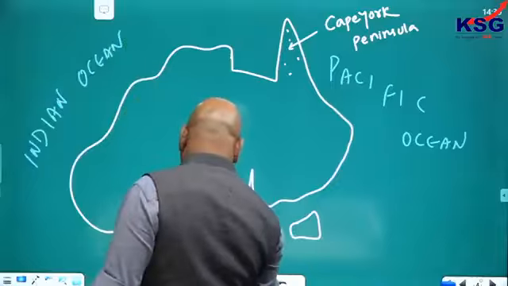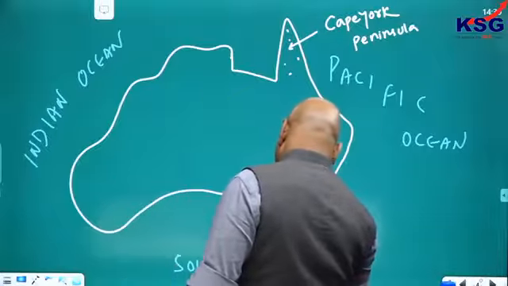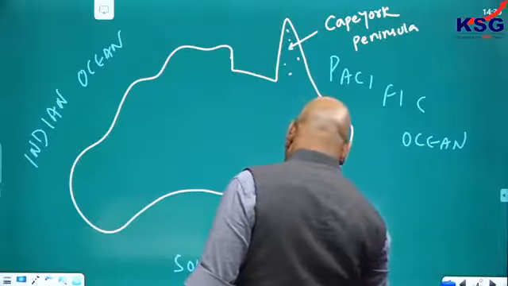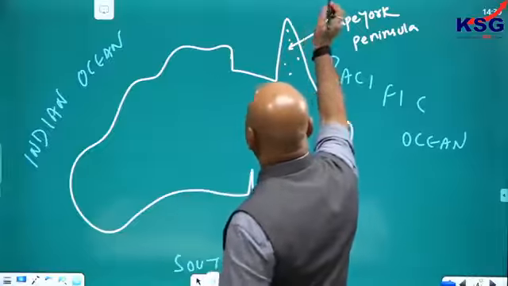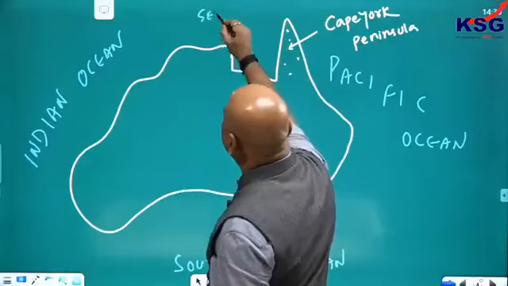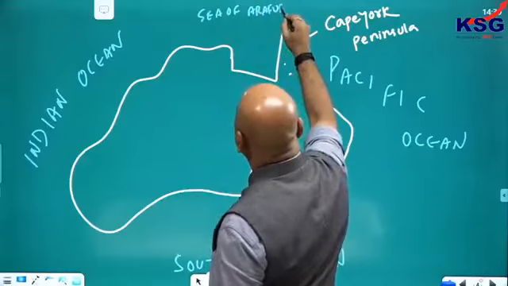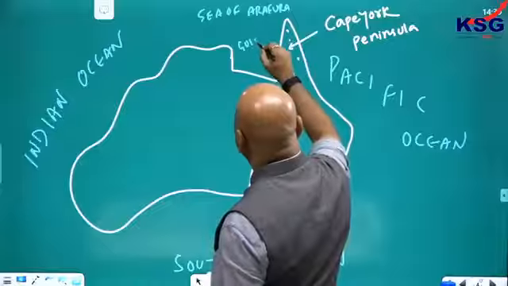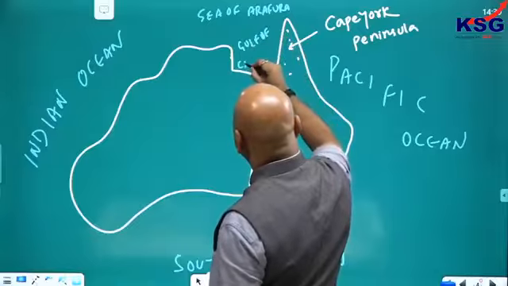This one is the Southern Ocean. Here you have the Sea of Arafura, and this is the Gulf of Carpentaria.